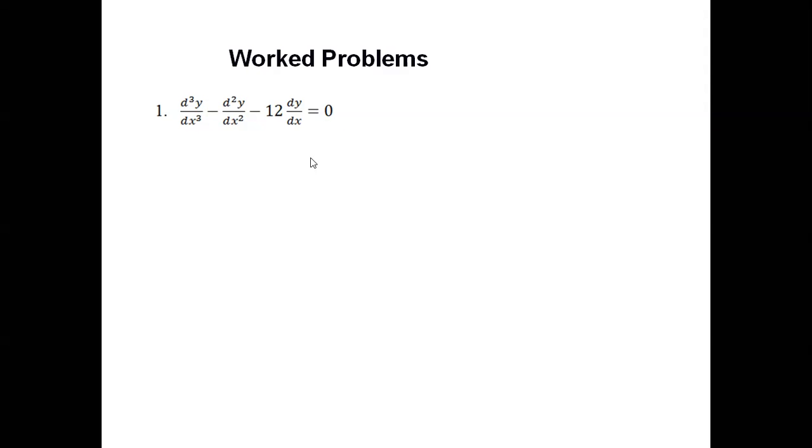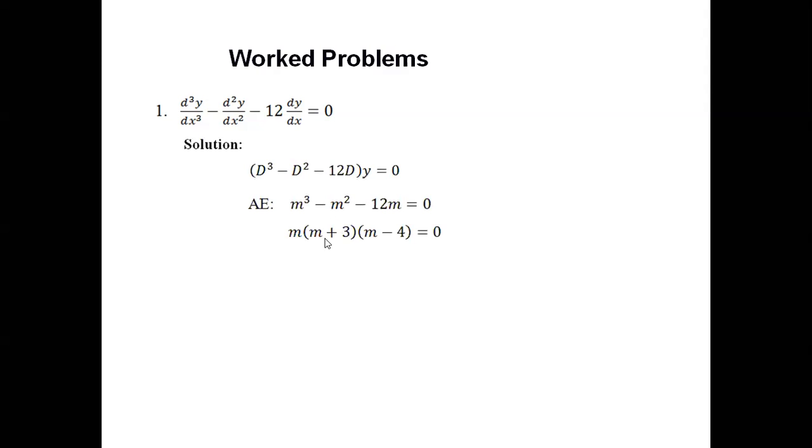We worked it out and arrived at the general solution, which gave us y equals c1 plus c2 e to the 4x plus c3 e to the minus 3x. That was the first question.